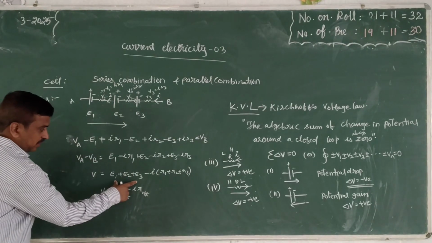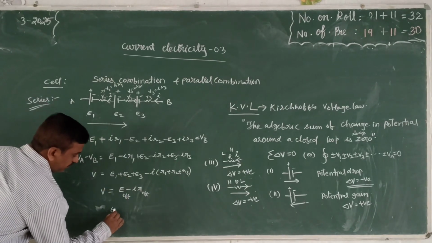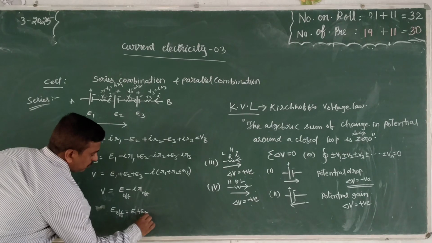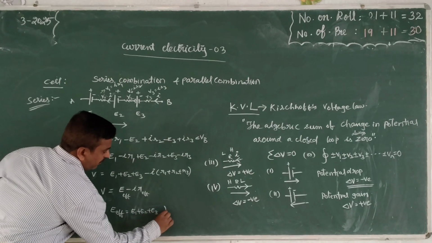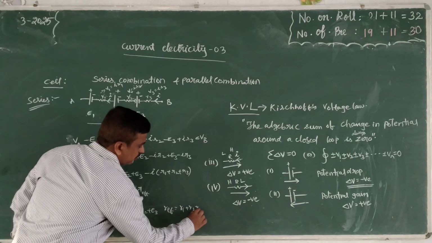Comparing, E effective equals E1 plus E2 plus E3, and R effective equals R1 plus R2 plus R3.